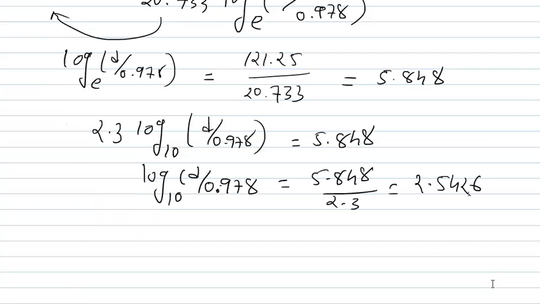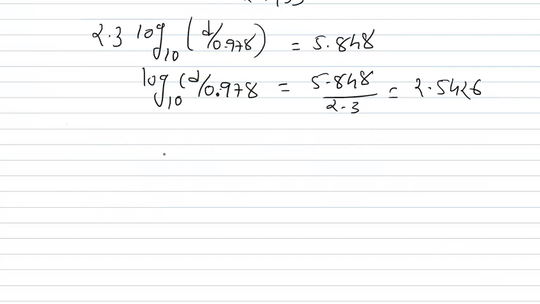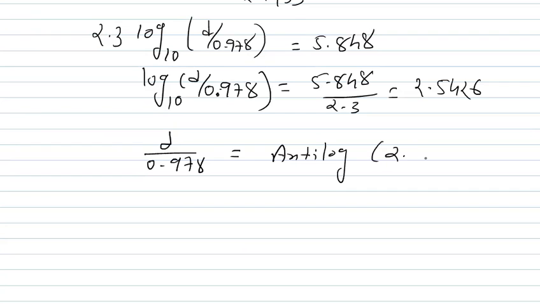You can do it in a calculator. So the D by 0.978 is equal to anti-log of 2.5426, and the anti-log of this value is 348.8, right? And D by 0.978.